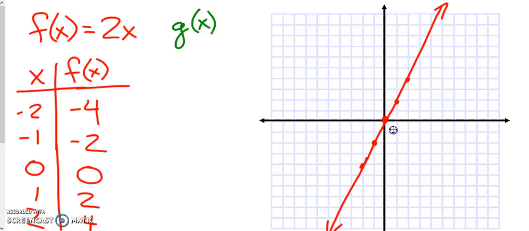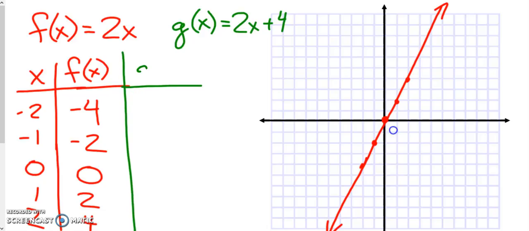What if I had g of x, which would be 2x plus 4? Well, I can piggyback off of this chart. So here's g. What's g of -2?